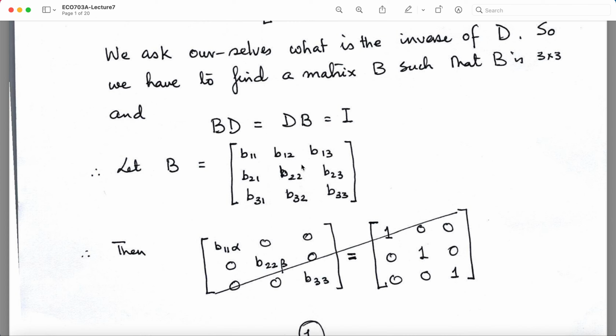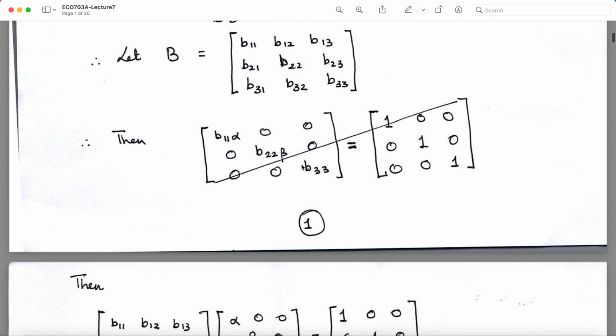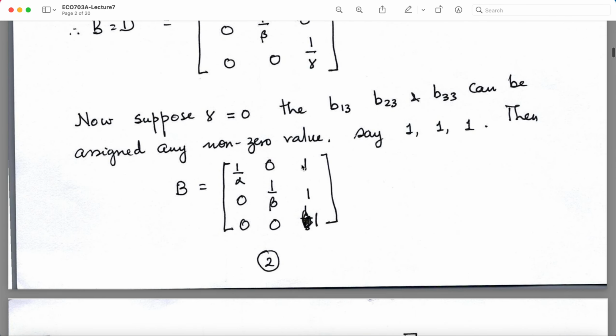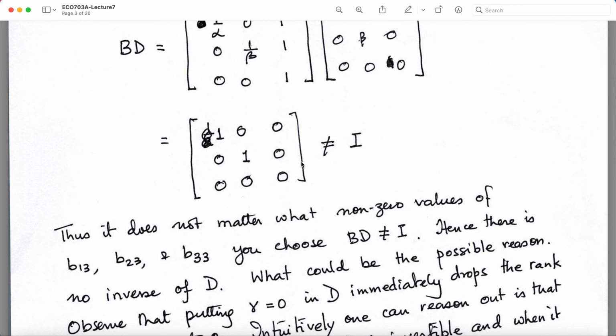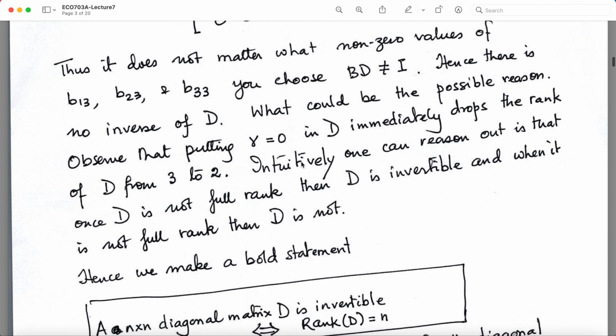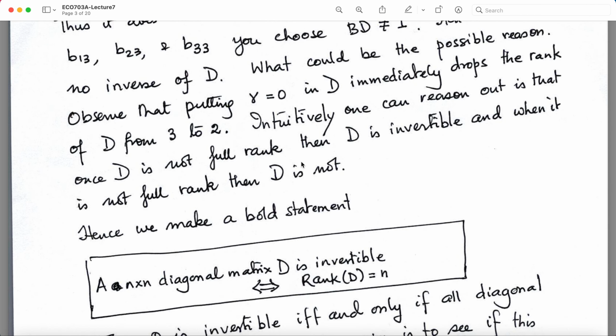So once I drop the rank from the full rank status, invertibility goes off. So here I make a bold statement. Obviously you can prove it, but just to cheer you up, I'm making a bold statement that an n cross n diagonal matrix D is invertible if rank D equal to n.